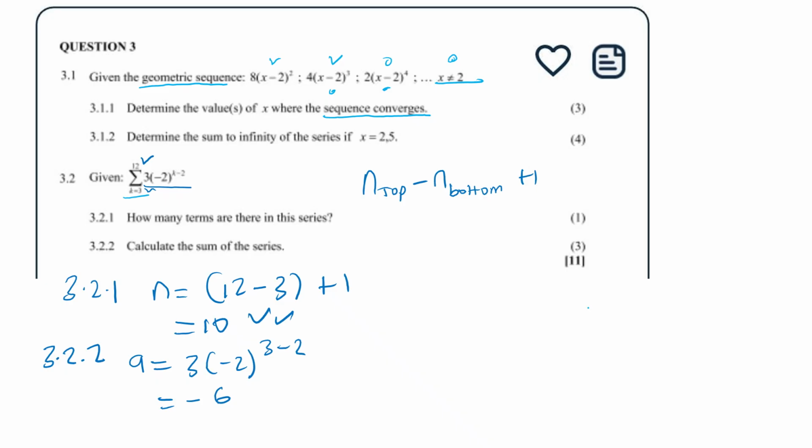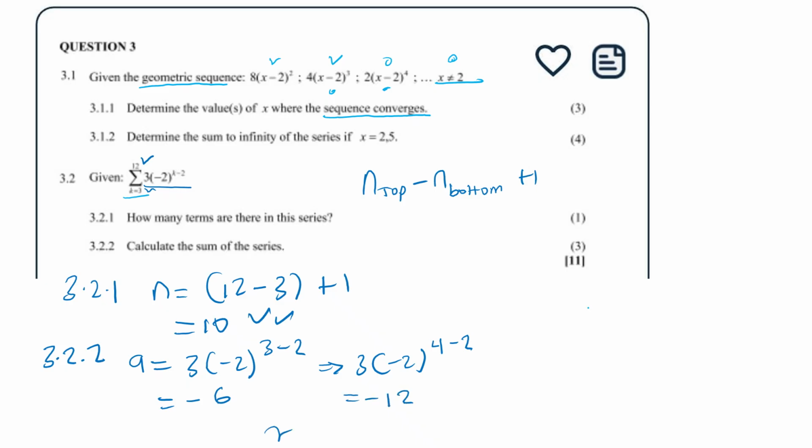Therefore now to find r, let's go and find the second term, which is going to be 3 to the power k minus 2, and then now we're going to have k as 4, minus 2. Therefore now the second term will be minus 12.